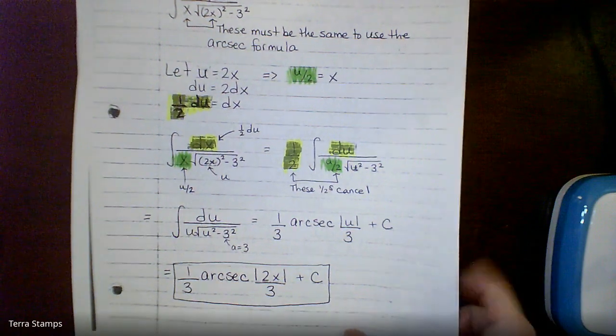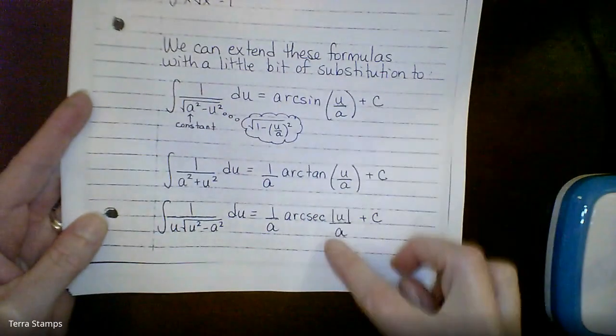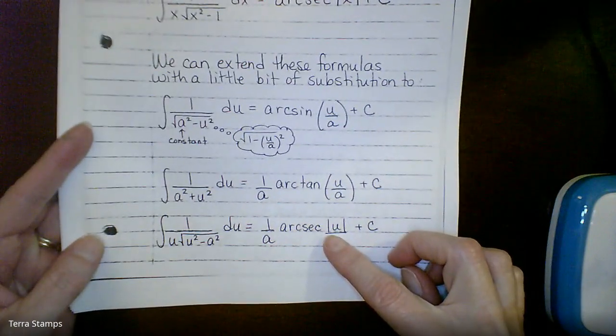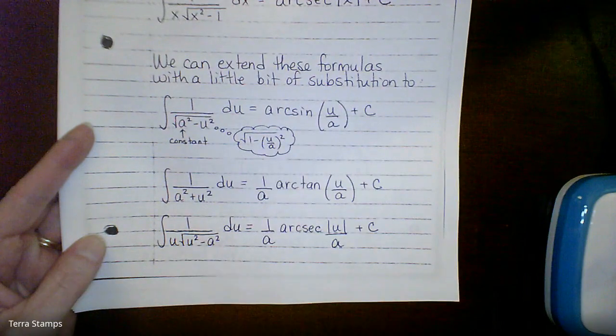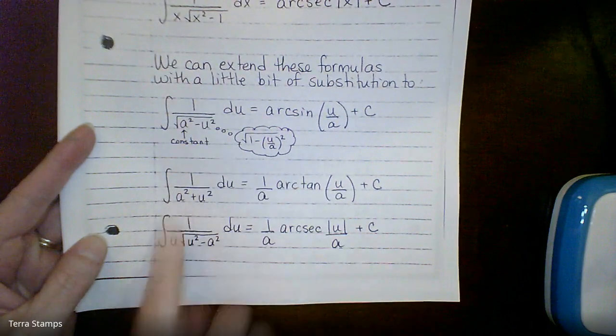The formulas that I keep referring to were the ones back here. I'm constantly referring to these 3 that are on your formula sheet, always trying to manipulate it, either algebraically or doing some substitution, into one of these 3 forms.